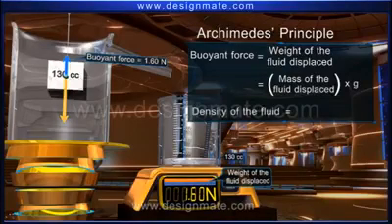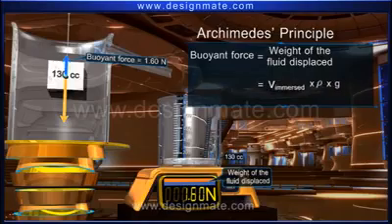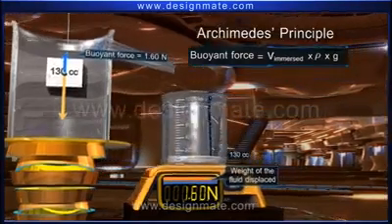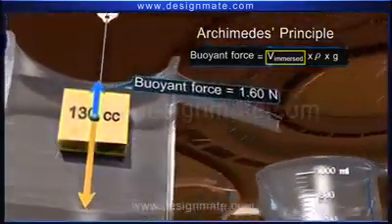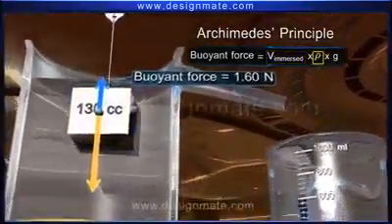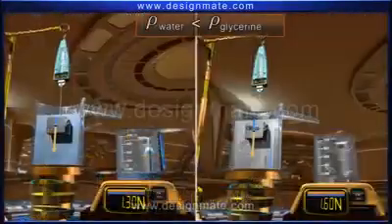If the density of the fluid is ρ, then the buoyant force is equal to volume of the fluid displaced × ρ × g, which is equal to volume of the immersed part of the object × ρ × g. This equation clearly shows that the buoyant force depends only on the volume of the immersed part of the object and the density of the fluid.